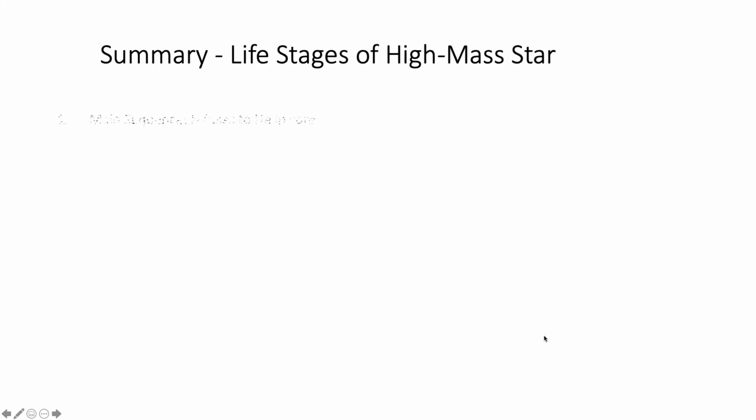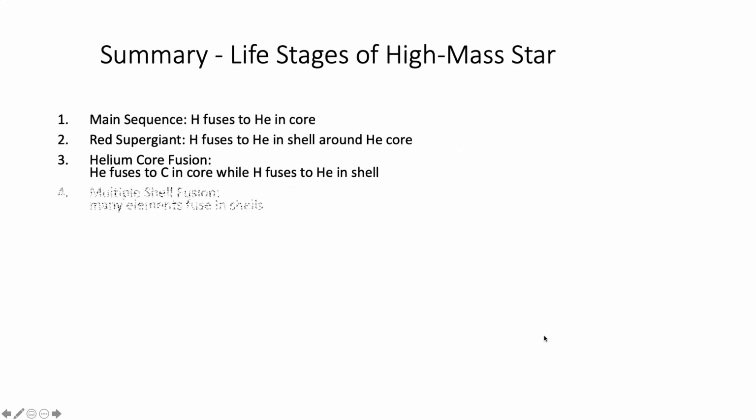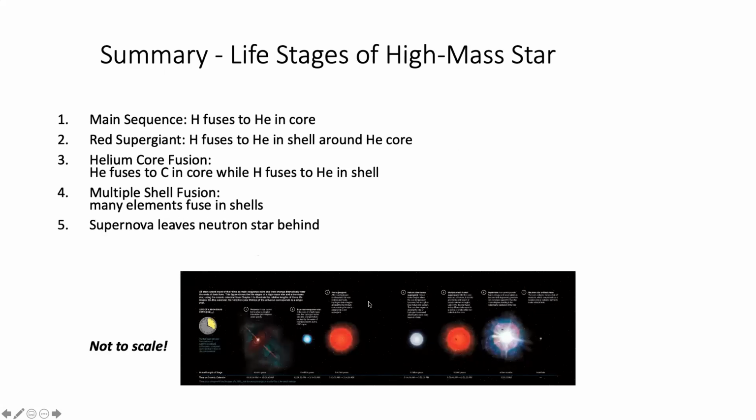Then we have our high mass stars. Same stuff, except instead of having double shell fusion, you have multiple shell fusion, where you have multiple shells. And these are so much more massive that when they die, they collapse in on themselves and explode in this violent supernova.